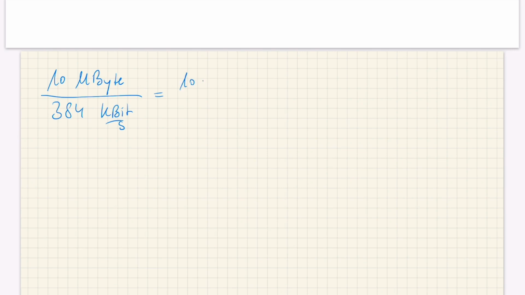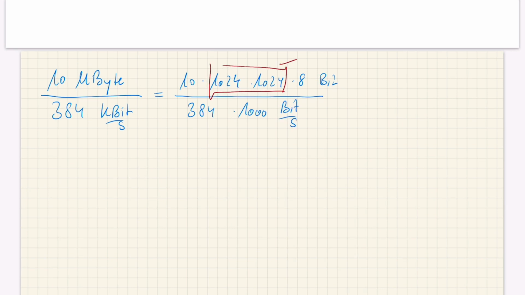So this is 10 times 1024 times 1024 times 8 divided by, here we have bit now, 384 times 1000 bit per second. Again, why that? That's mega when it comes to file size. That's 8 bit equals 1 byte. And this 1000, that's kilo, kilo when talking about throughput, bandwidth, etc.